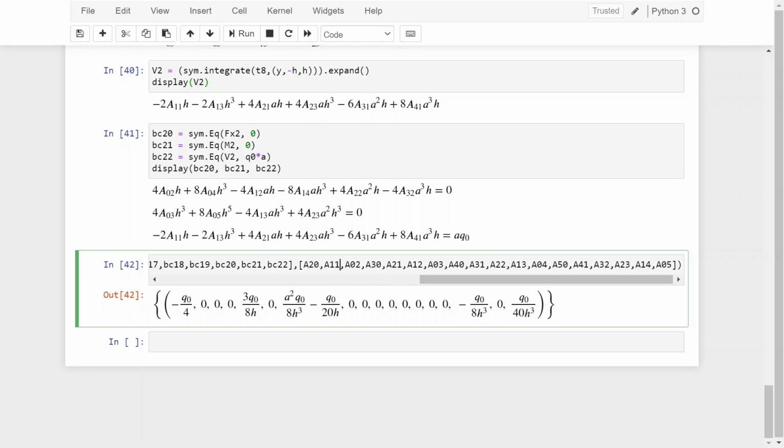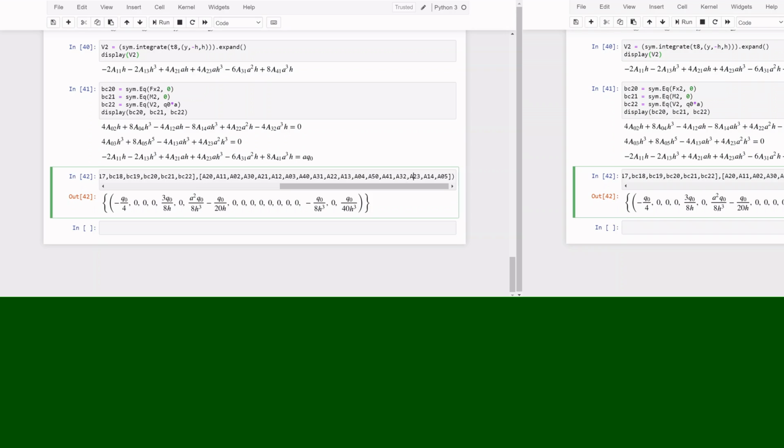1, 2, 3, 4, 5, 6, 7, 8, 9, 10, 11, 12, 13, 14, 15, 16, 17, 18. So we have solved for these 18 unknown coefficients of A with the various subscripts. And how many equations did we provide? We had provided BC 1 to 22 plus 3 conditions, so in total 25 conditions.